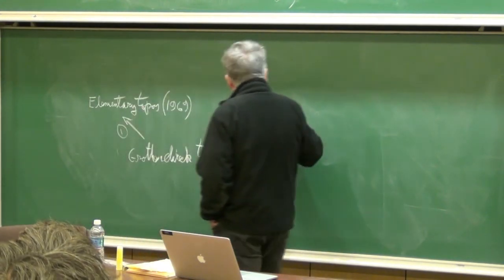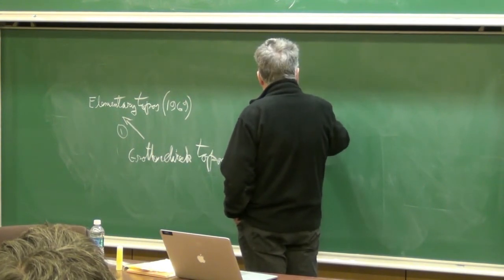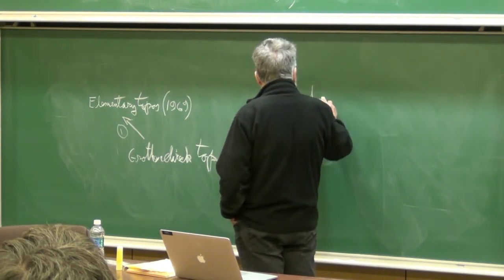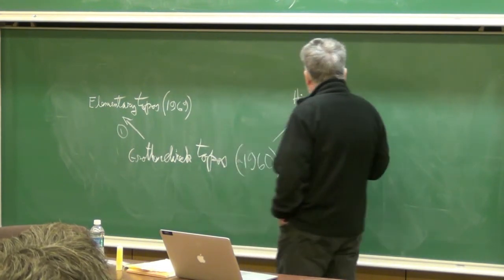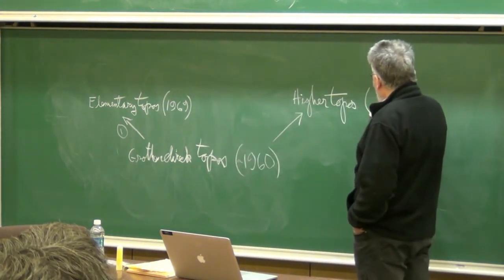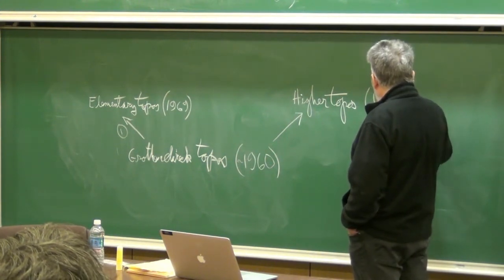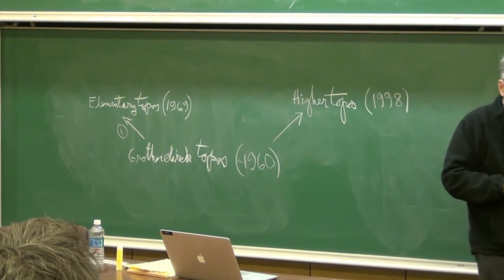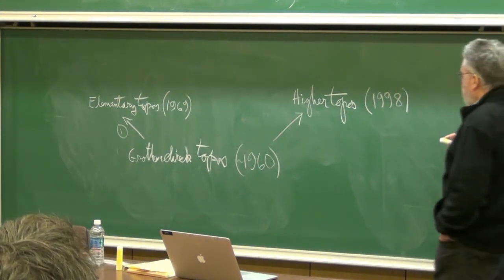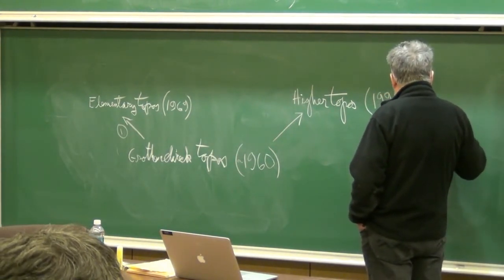And the second mutation is the notion of higher topos, introduced around maybe 1998, something like this, by Charles Rezk.